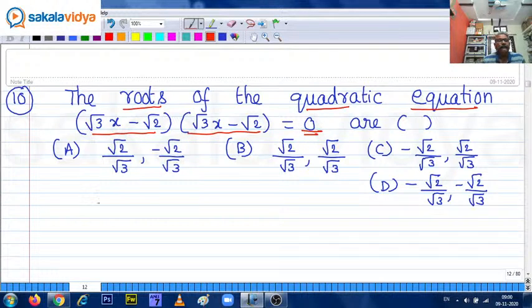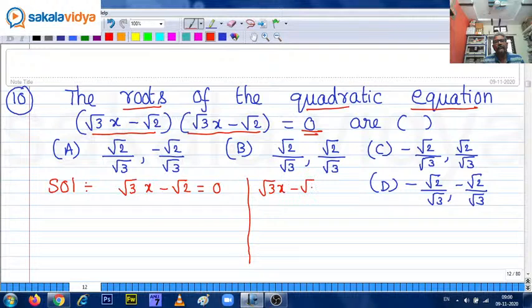So yes, Shivani. Now the solution we get like this. Root 3x minus root 2 equals 0, or root 3x minus root 2 equals 0. Take minus root 2 this side. Root 3x equals root 2. Obviously x is equal to root 2 upon root 3.